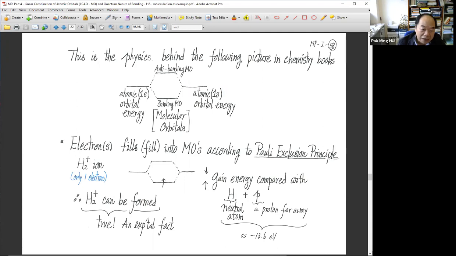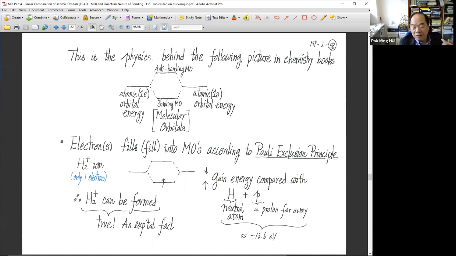And from our consideration, we realized that we have a 2 by 2 matrix. So it's like minus 13.6, minus 13.6, delta, delta star. So one is pushed down, another is pushed up. Roughly, it is this simple physics, a 2 by 2 matrix splitting.